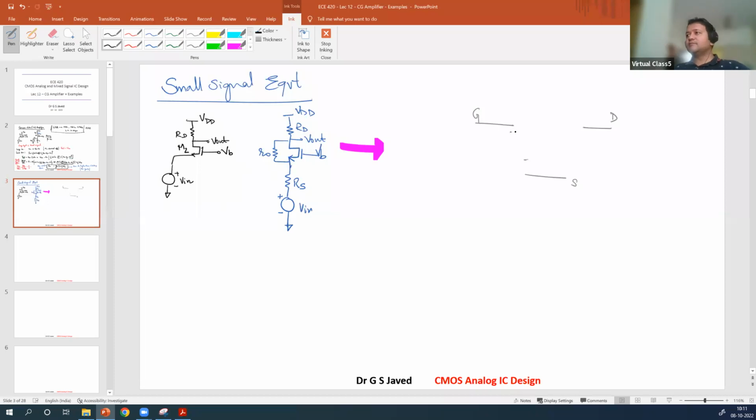At the gate you have Vn, plus minus. Sorry, at the source you have Vn. My apologies. This is your RS.